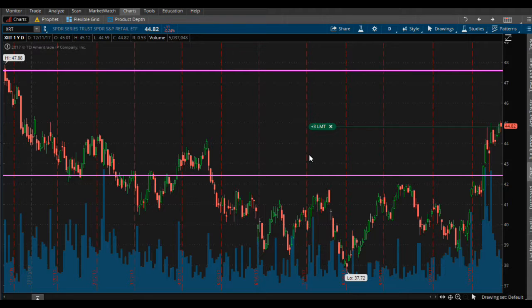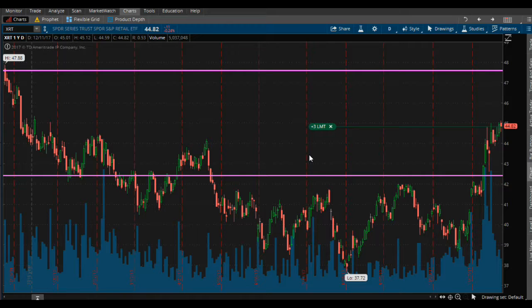Now, we did receive enough credit that our break even on the downside is right above a very significant level of support, and that very significant level of support is the level of 42. As we can see, it has been support and resistance for quite a number of different times, and so we finally saw the security break out of the 42 area in the last 2 weeks or so.